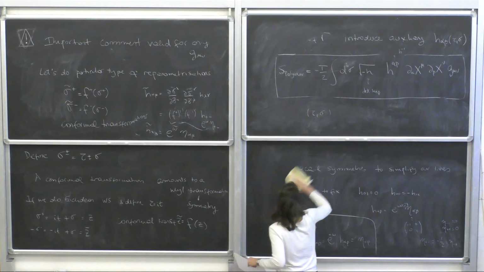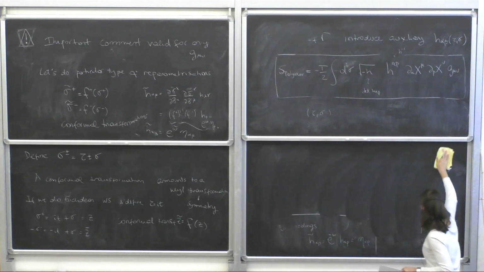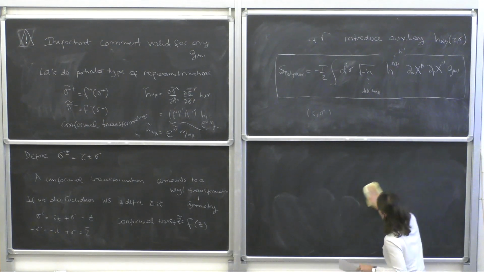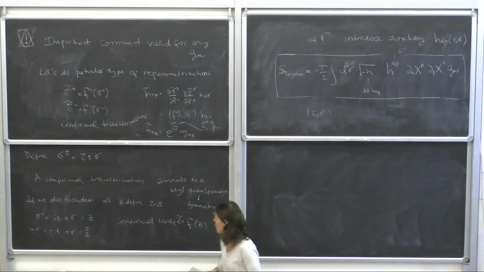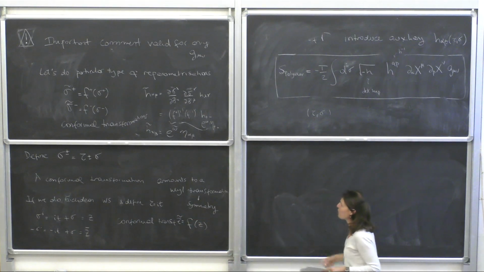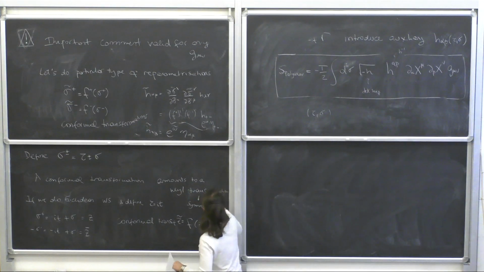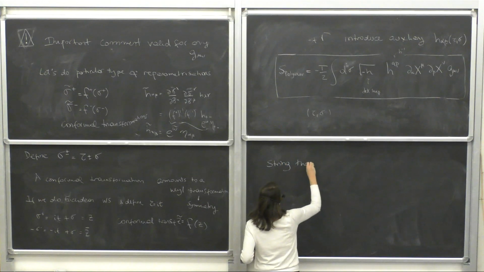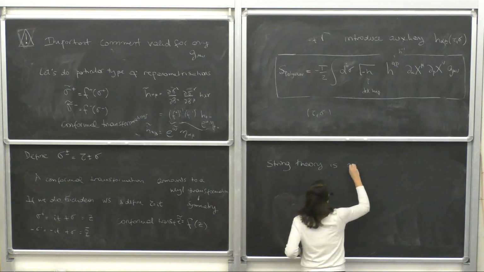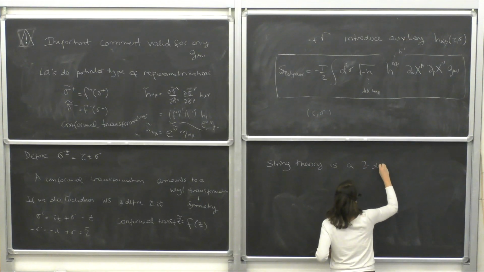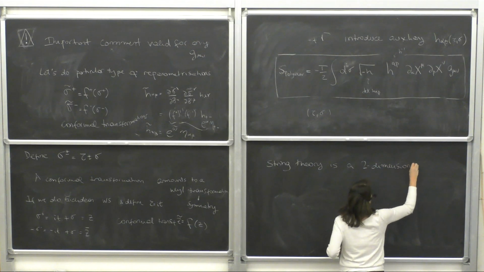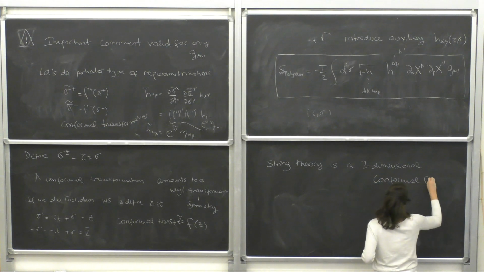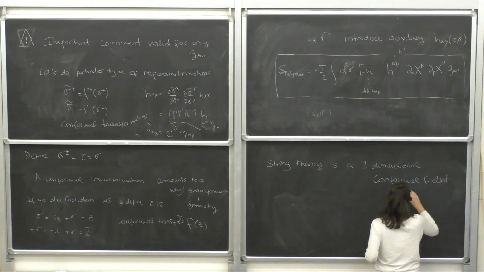That's why we say the worksheet is a conformal field theory. It's a field theory that has this conformal invariance, these conformal transformations. You can reabsorb them via a Weyl transformation that is a symmetry. So string theory is a two-dimensional conformal field theory.